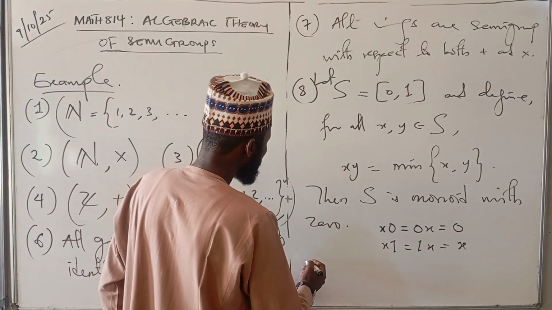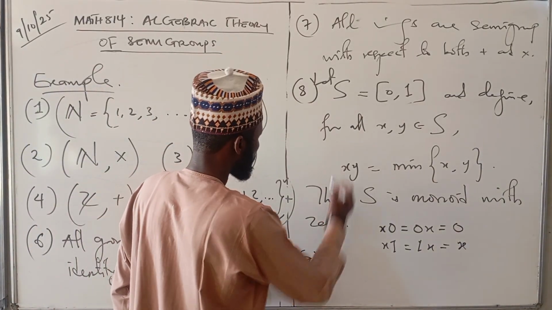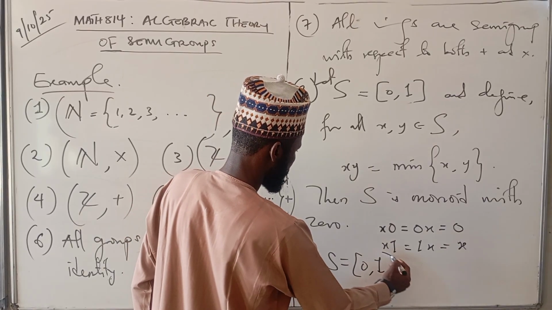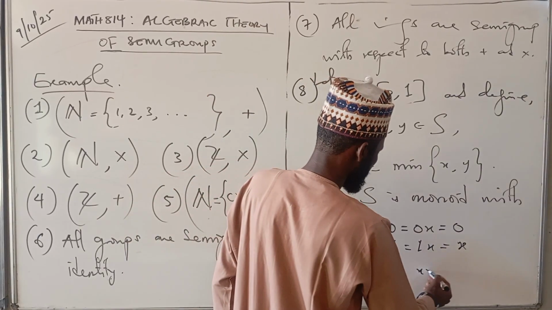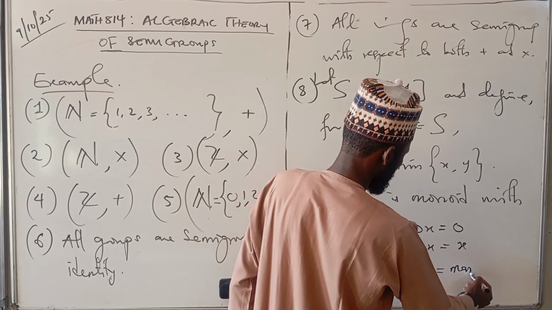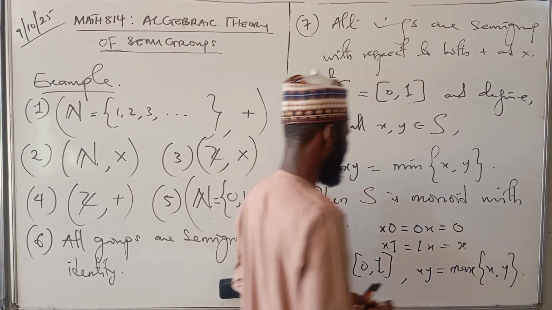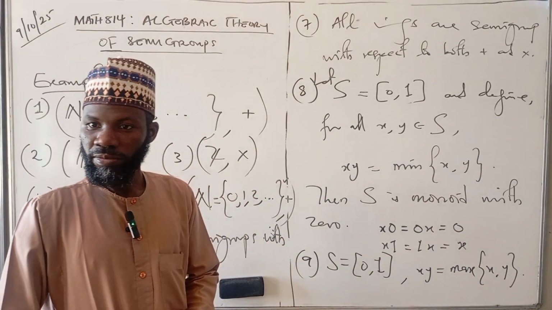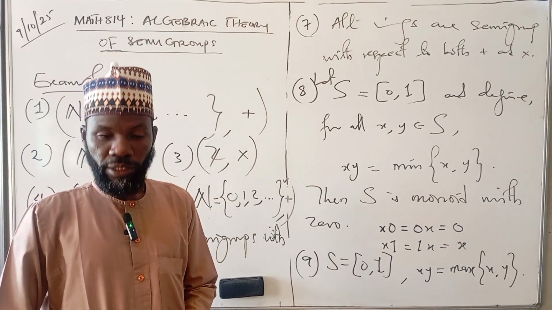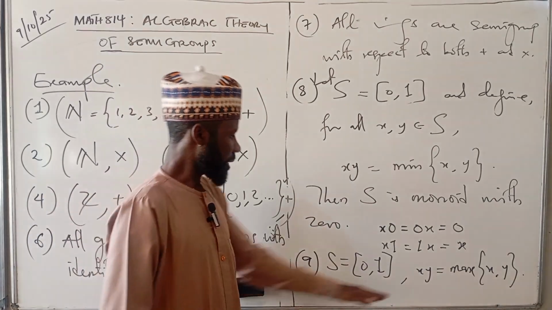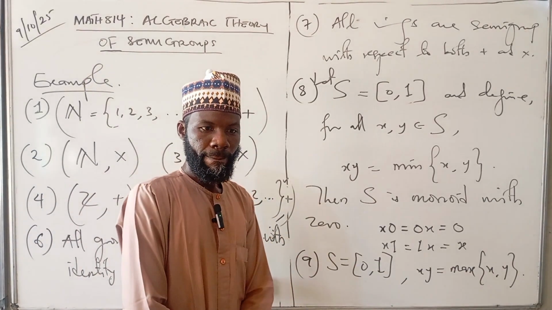In fact, you can do a slightly different one, taking S to be [0, 1] and then defining the product to be the maximum of x and y. This time around, you still get a semigroup. It's a monoid. So, if I may ask you, what is the zero element now?